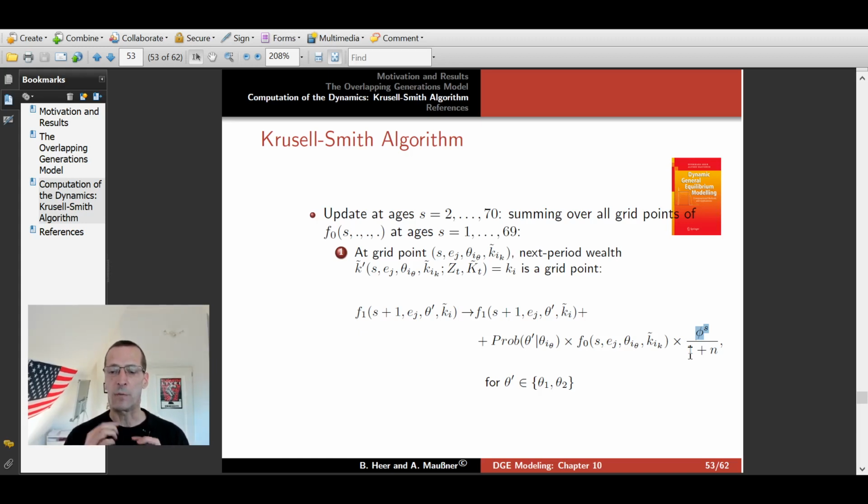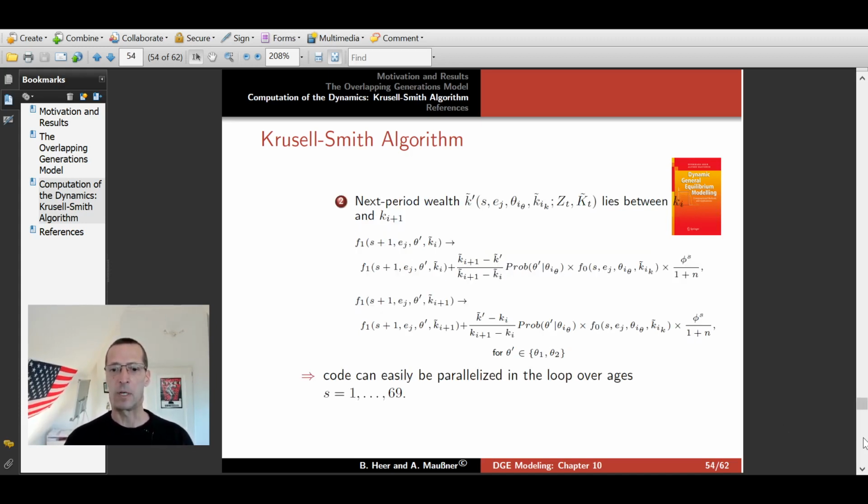And notice that the share of the agents declines by 1 plus n because population grows. And we do this for next period idiosyncratic productivity theta prime for the two values theta 1 and theta 2 on our grid. Now this is the case if the next period capital stock k prime happens to be a grid point k1. This will, for example, be the case when the credit constraint is binding. So a lot of people choose next period wealth equal to 0 because there is a credit constraint. And then the measure will be added to 1 at the grid point.